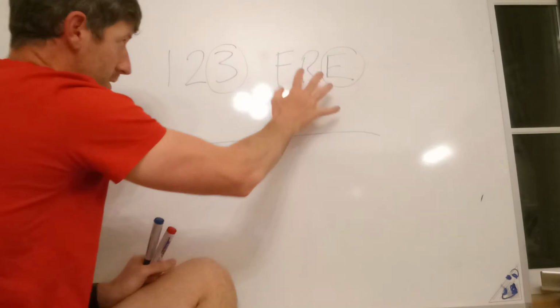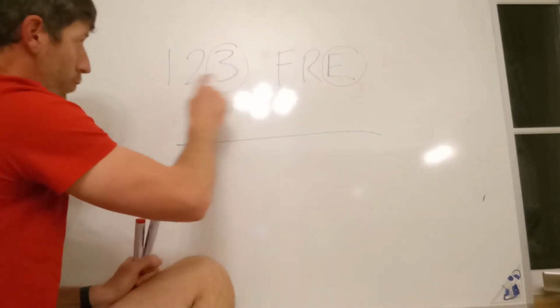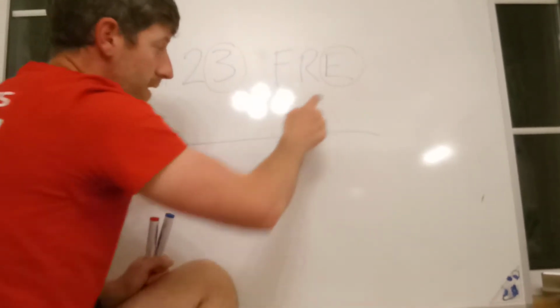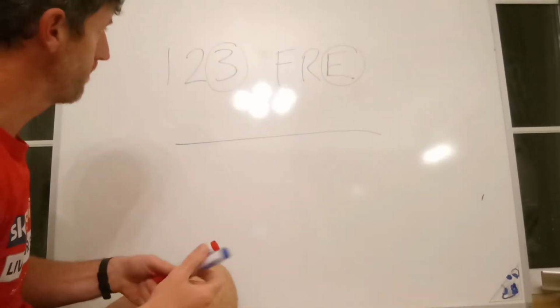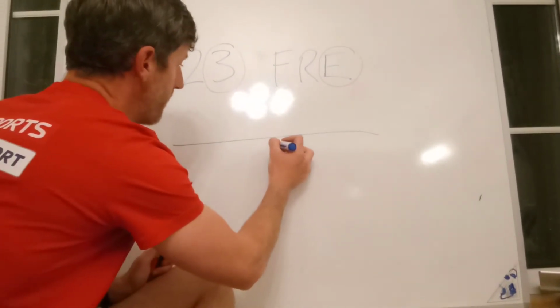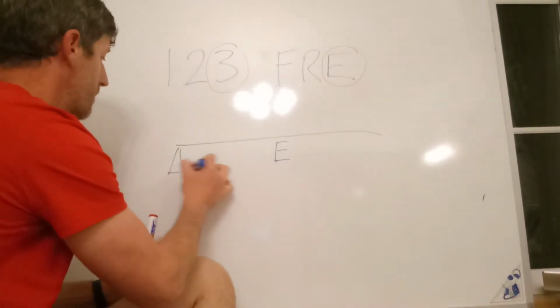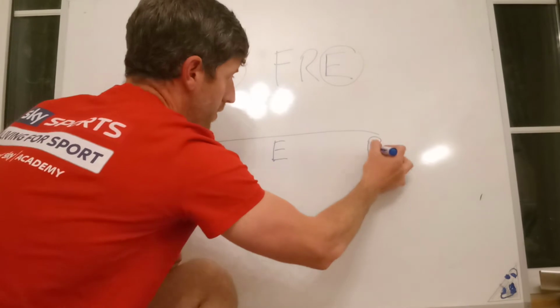So for class 1, fulcrum's in the middle. Class 2, resistance in the middle. Class 3, the effort's in the middle. Again, it doesn't matter which way around these are.